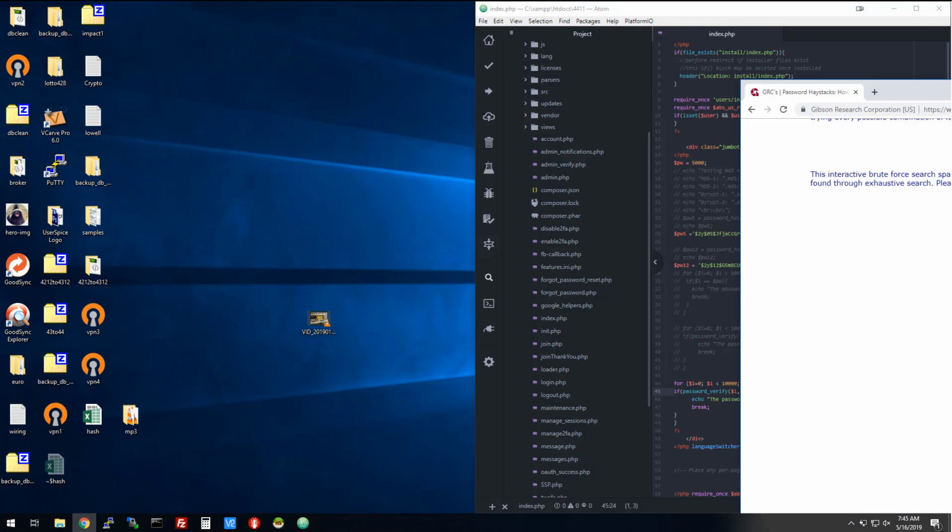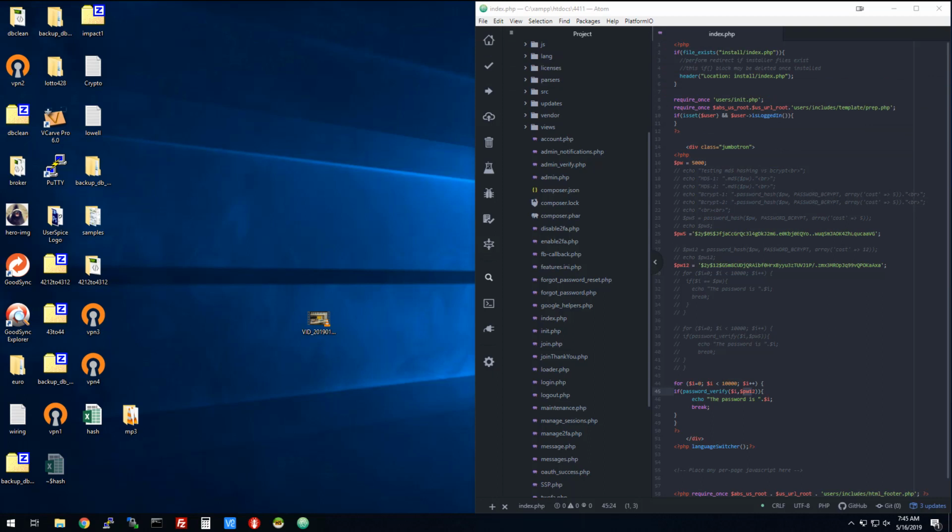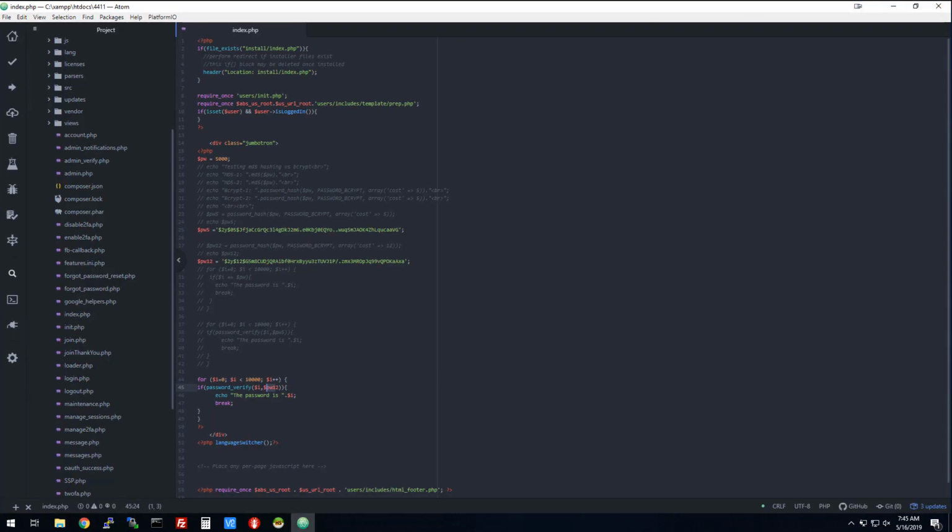So I know this video is getting up around 20 minutes, so I'm going to try to go quick. One of the things that's interesting is when I am trying to crack this password, you'll notice that whether I'm using the password of 12 or the password of 5, I'm using the same password verify function, which is very, very cool, because that means that over time, as computers get faster, you can change the cost.